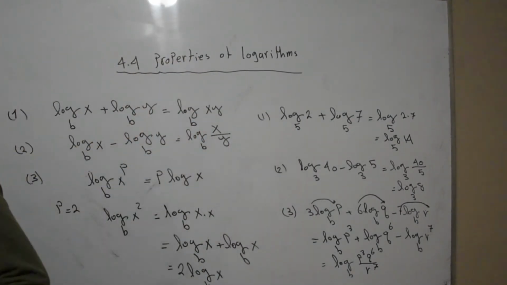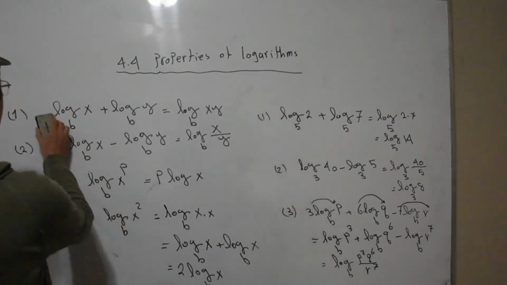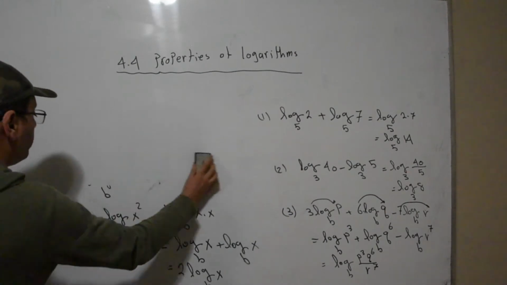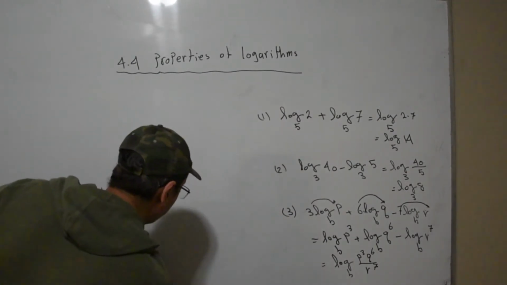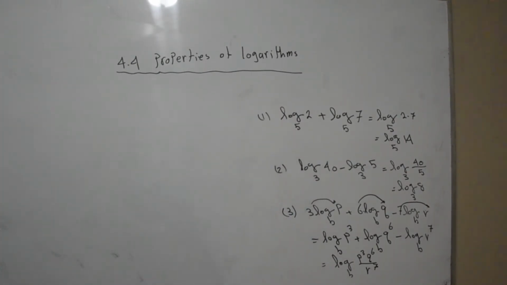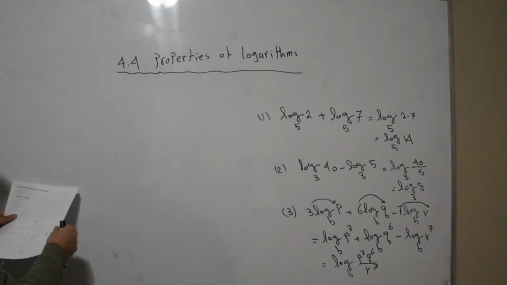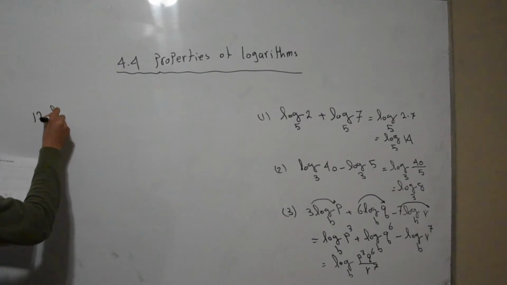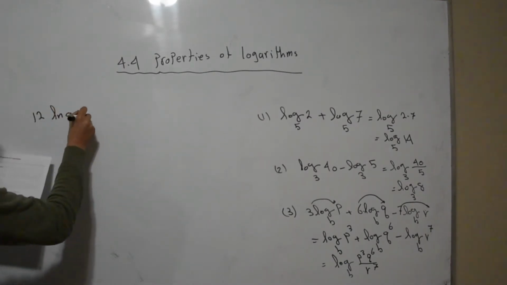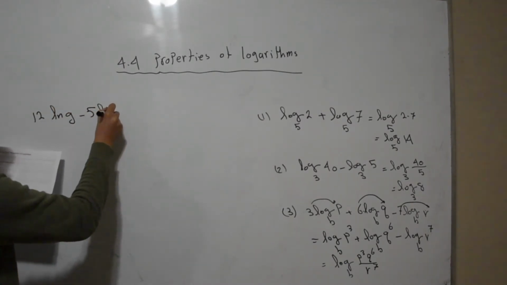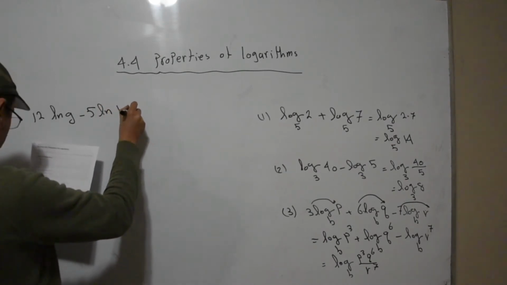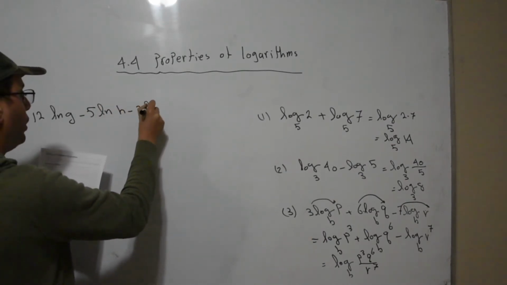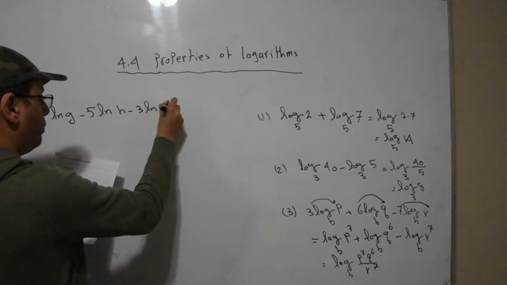Let's get one more example of this property. So I'm going to erase that here. Natural log of g minus 5 natural log of h minus 3 natural log of m.